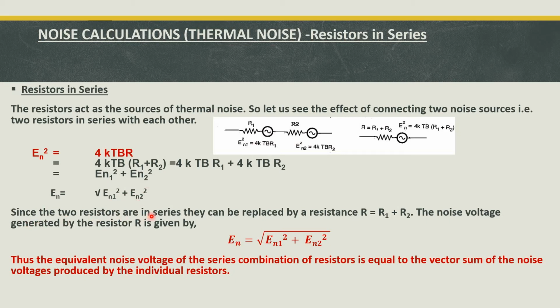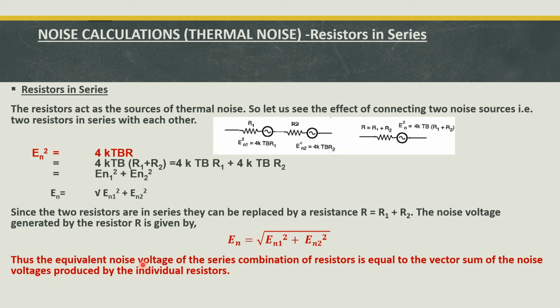Since the two resistors are in series, they can be replaced by a single resistor R instead of R1 and R2. So the noise voltage generated by the resistor R is given by En equal to root of En1 square plus En2 square.